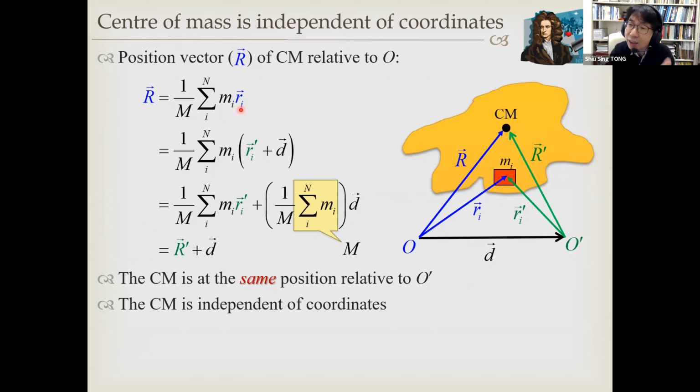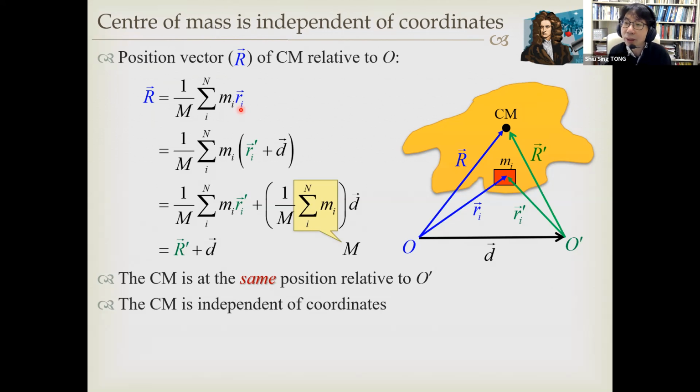If I get a different position by using a different origin, then probably the concept of center of mass is not so useful, because it depends on what I choose. Physics should not depend on what the observer chooses. Physics should be something absolute, independent of whatever coordinate I choose.